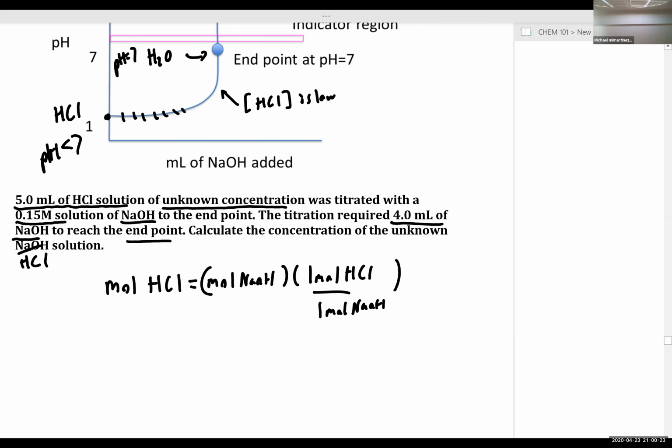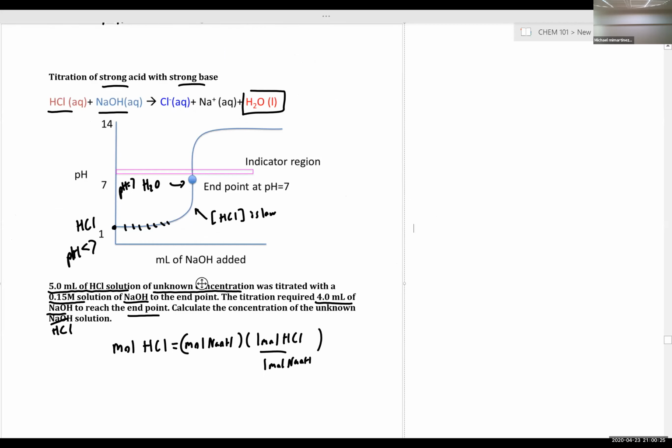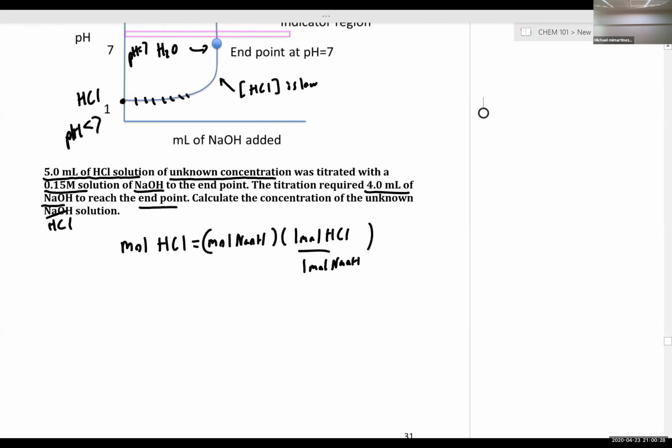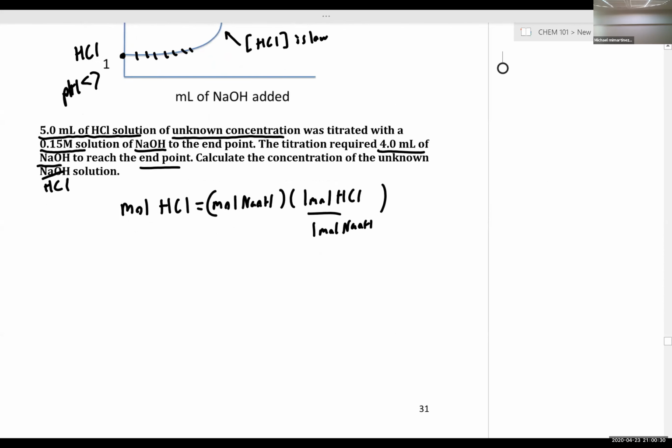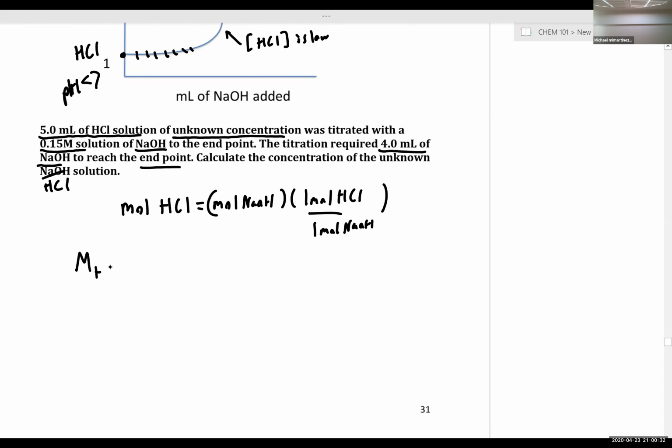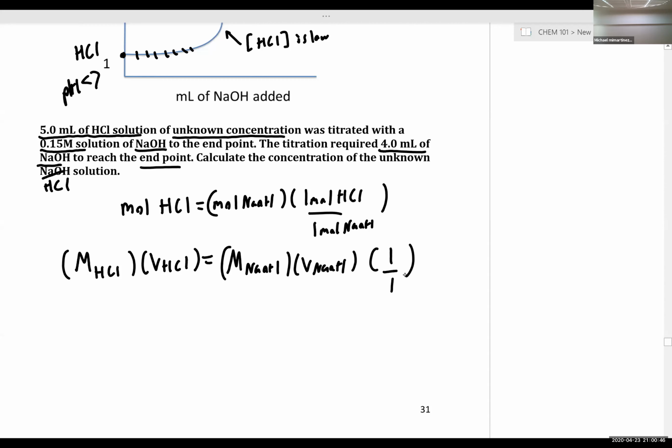We can then rewrite this in terms of molarity, in that we have the molarity of HCl times the volume of HCl is equal to the molarity of NaOH times the volume of NaOH times 1/1.